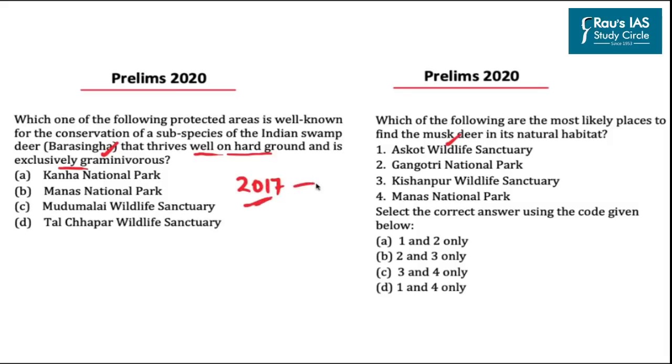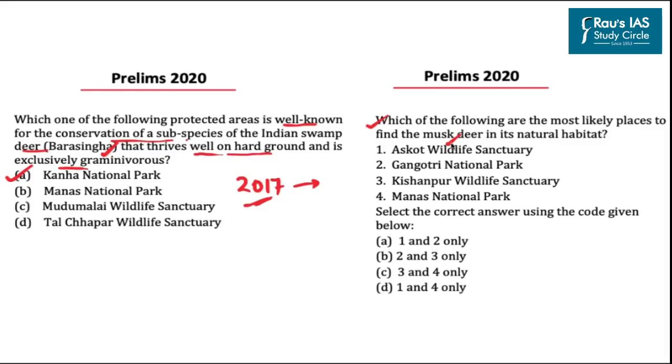But it kept on appearing in newspapers even in 2019 as well. And so you were expected to know about Bhursing the Barasinga, which is the mascot. And so that is why Kanha National Park became famous or well known for the conservation of subspecies of Indian swamp deer, Barasinga.